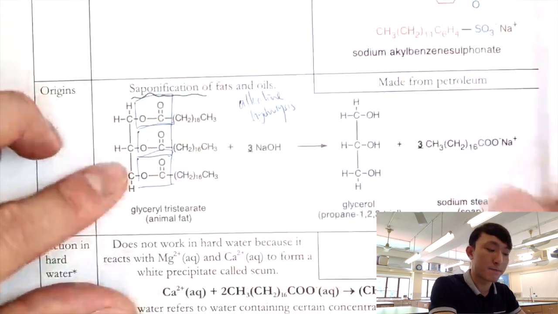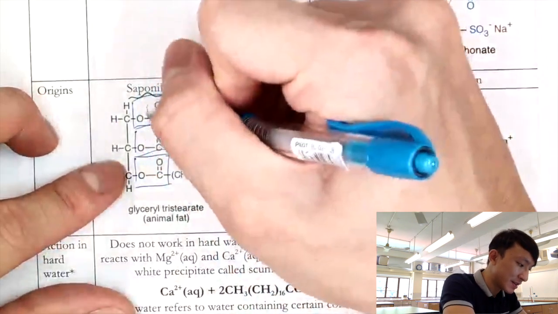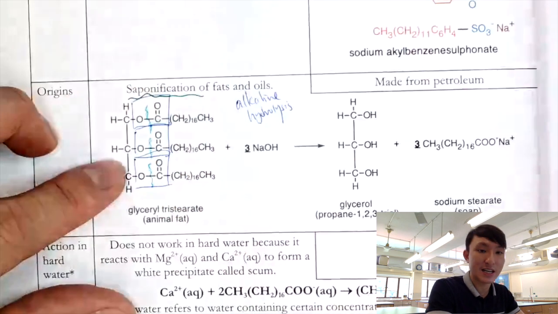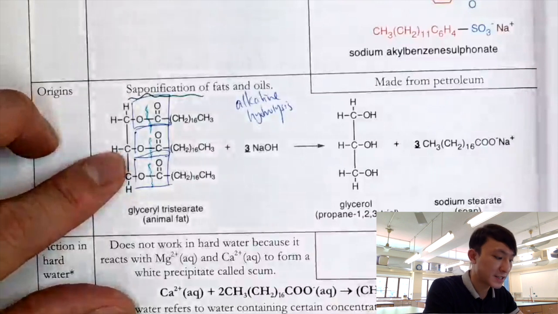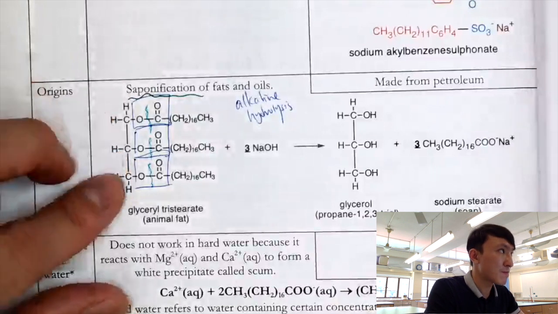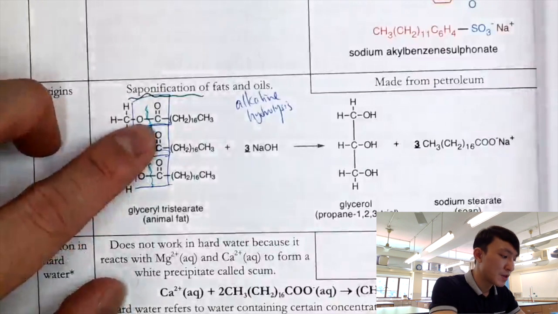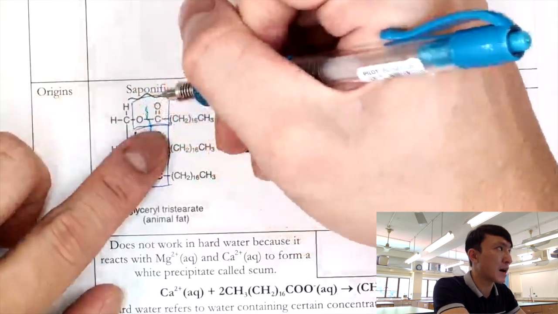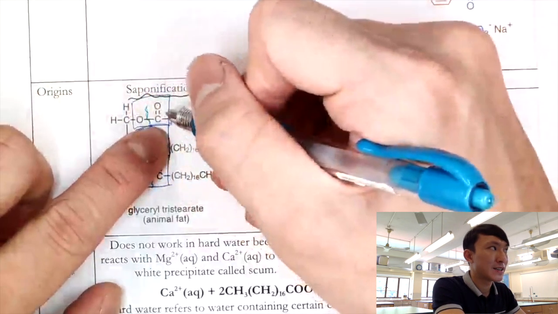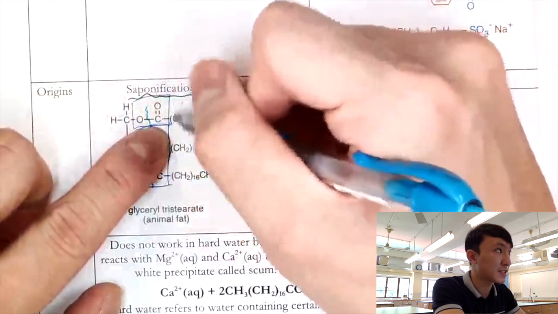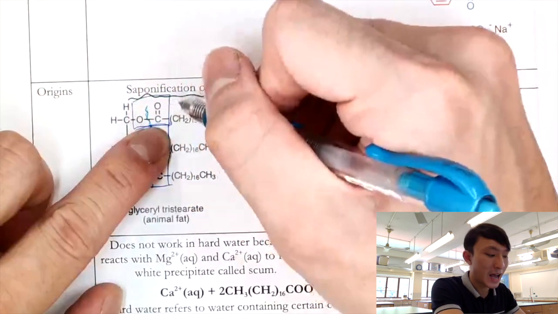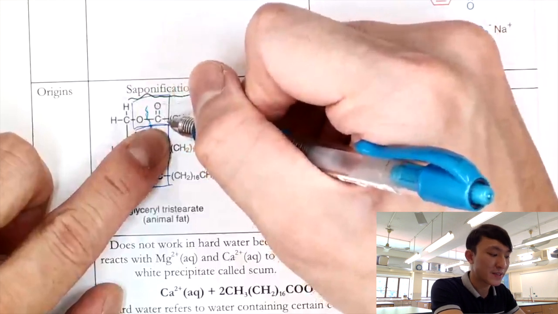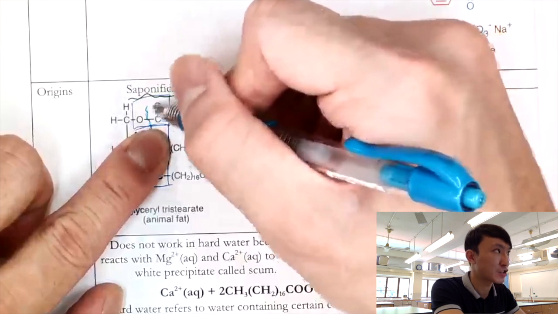Since we have 3 ester bonds, it cuts here, here, and here. So there should be 3 cuts on the animal fat. After you cut it down, remember whenever you cut an ester bond, you have to slot in the H2O back. For the carboxylic acid part, the H2O will have its OH plug back to the carboxylic acid, and the remaining H plug back to the alcohol.